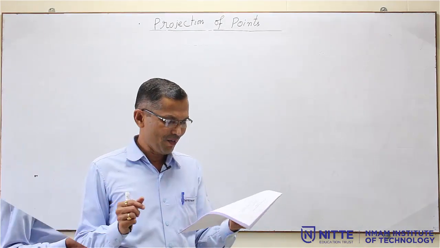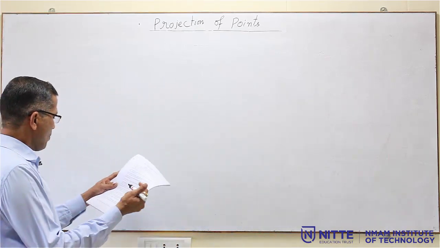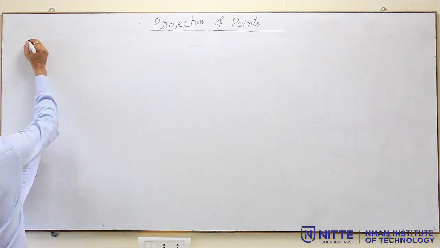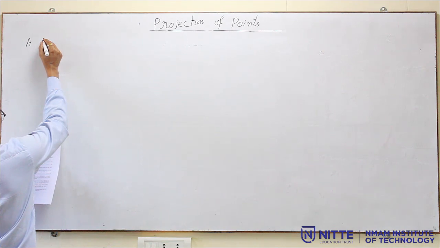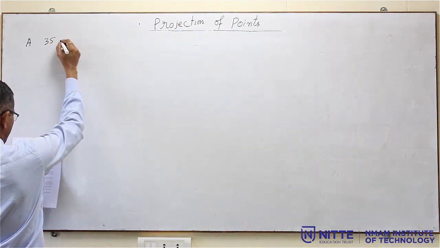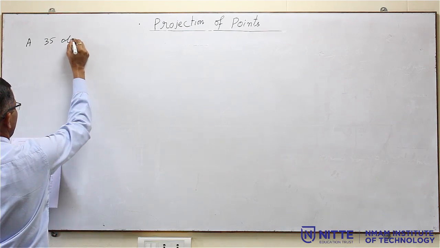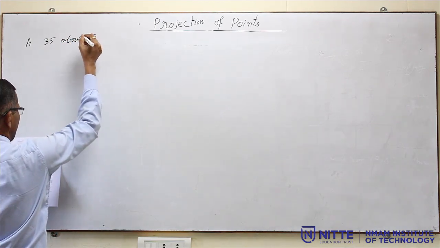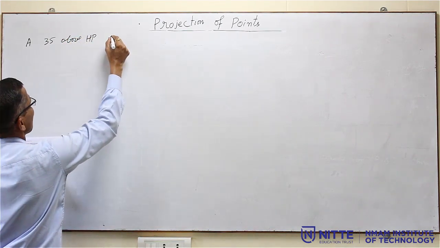Problem number 11. A point A is 35 mm above HP, and is in first quadrant.